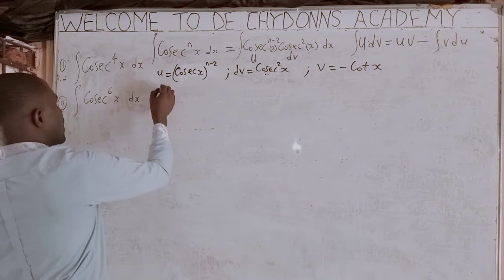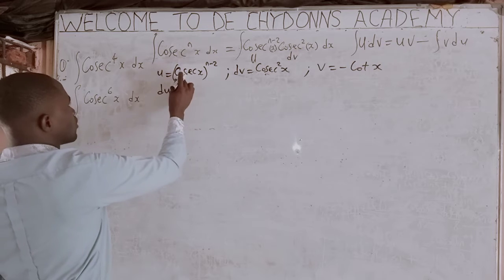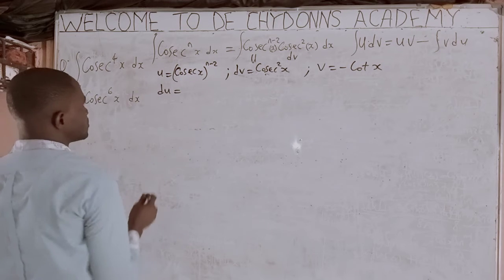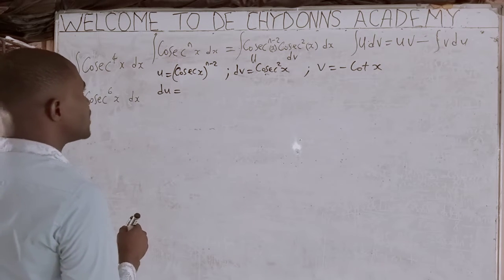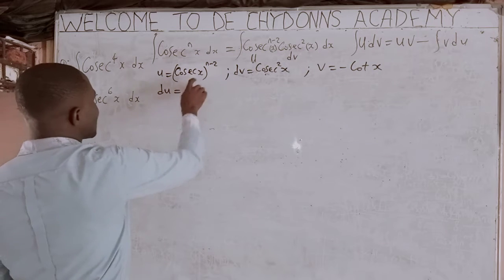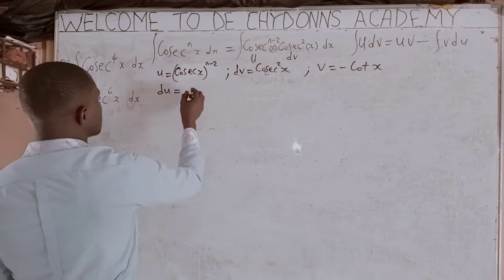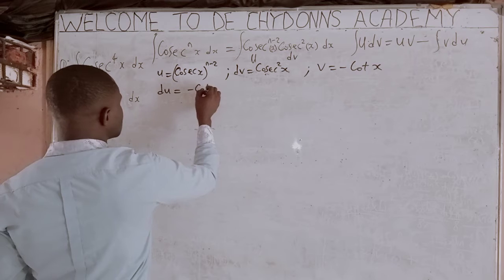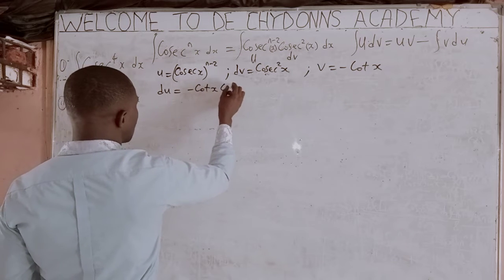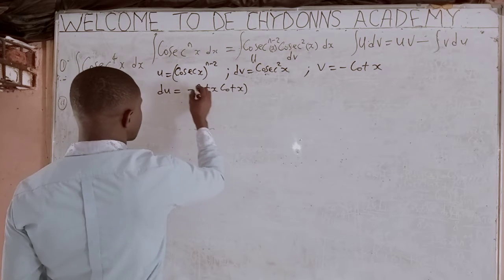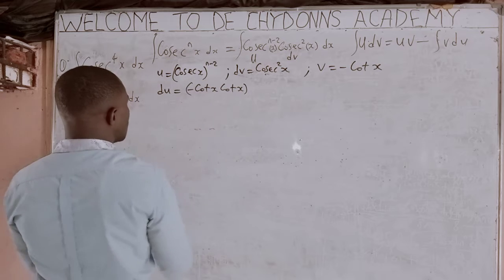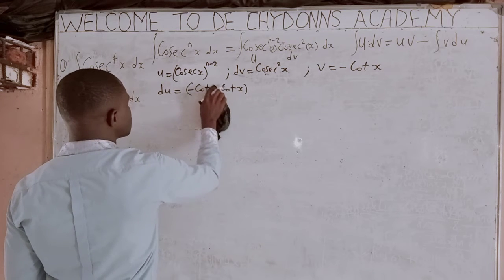Then what is our du? du equals differentiating this. Differentiating cosec x gives us minus cosec x cot x.